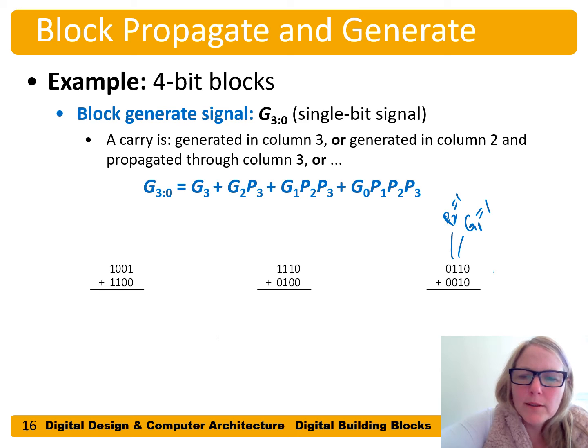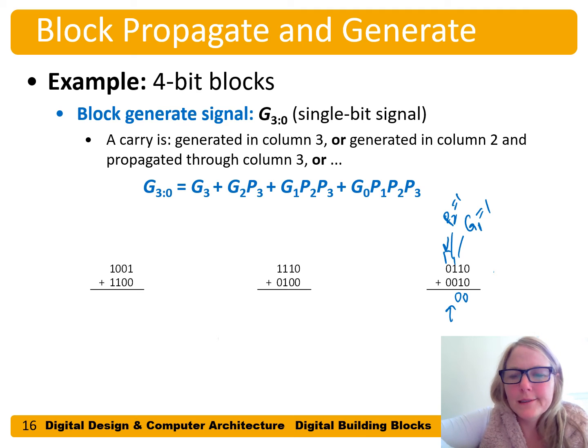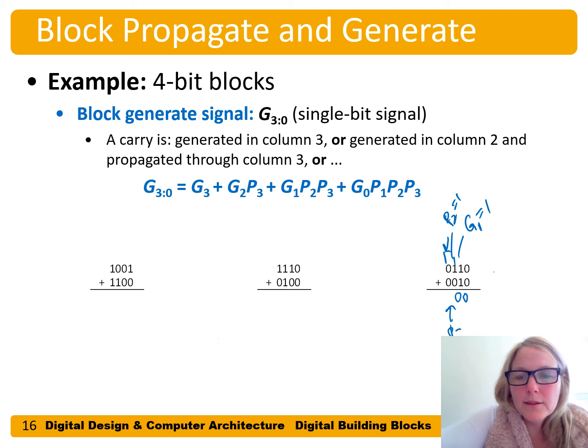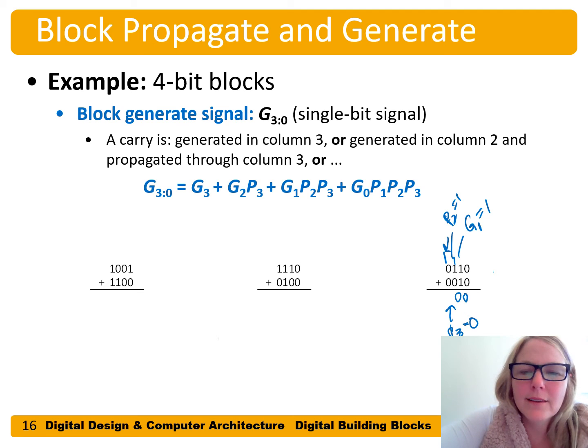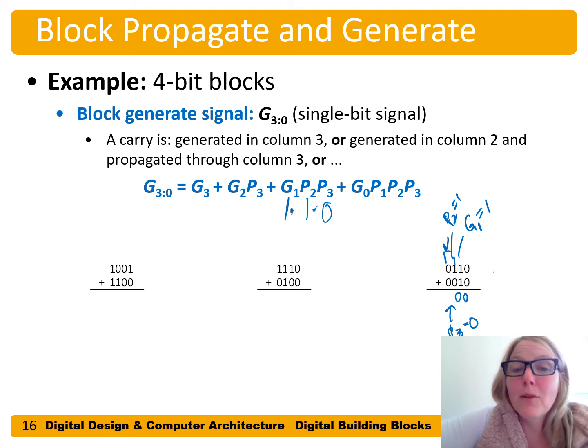But then what happens? So it propagated it, right? 1 plus 1, 0, carry the 1, propagates it here. What's wrong with column 3? Well, p sub 3 is 0. And so that carry that was generated in column 1 never makes it to the carry out. And so in this case, right, we have g sub 1, yep, that's 1, and 1 got propagated through column 2, but p sub 3, it did not propagate the carry.